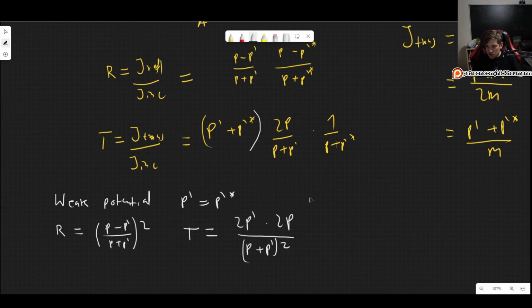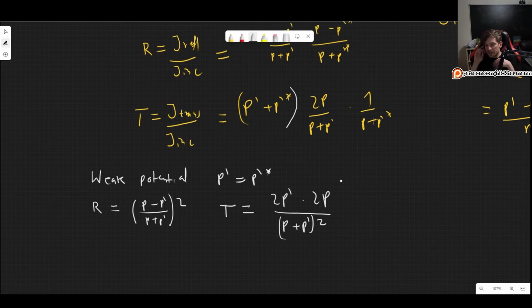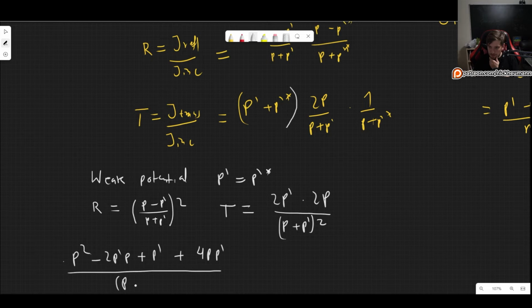Okay, so that would be that case. And now let's check that this indeed is 1. So if we add these together, we get p squared minus 2p prime p plus p prime plus this term right there, which is 4p p prime, and we divide this by p plus p prime squared.